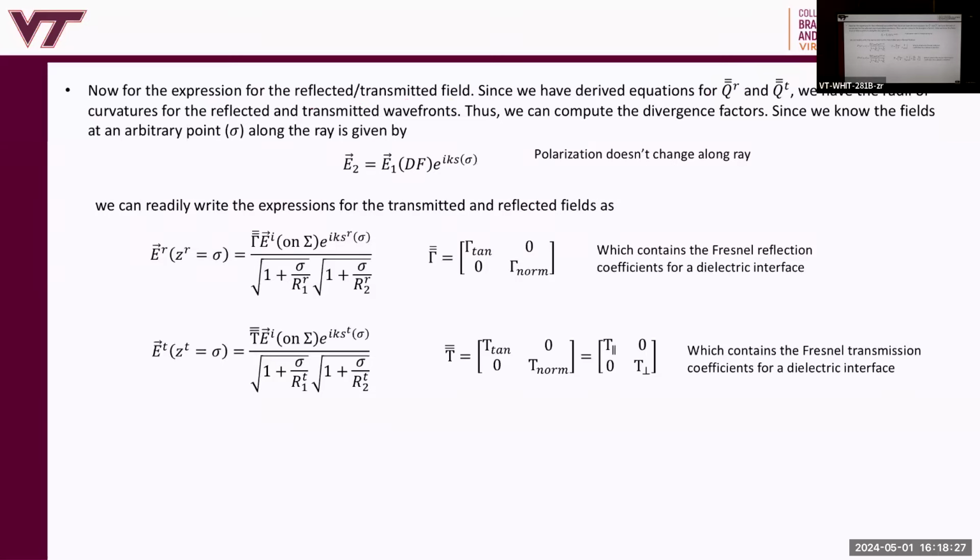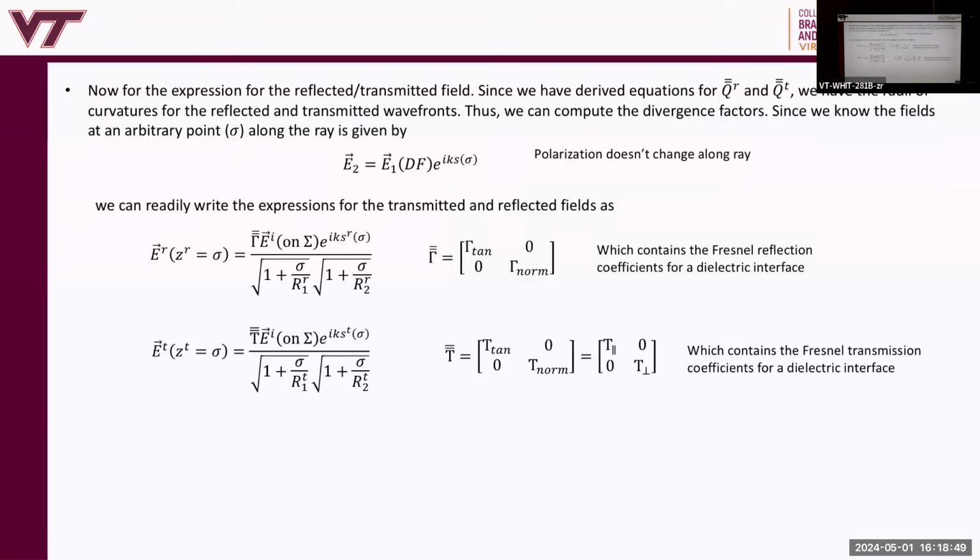Since we know the fields at an arbitrary point sigma along the ray is given by a known reference point, the electric field at a point 2 along a ray is given by the electric field at point 1 on a ray, multiplied by the divergence factor, multiplied by the phase factor e to the ik sigma.